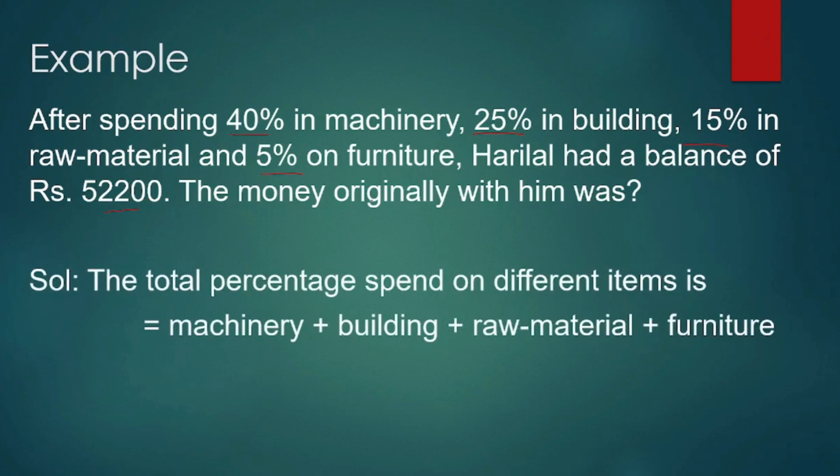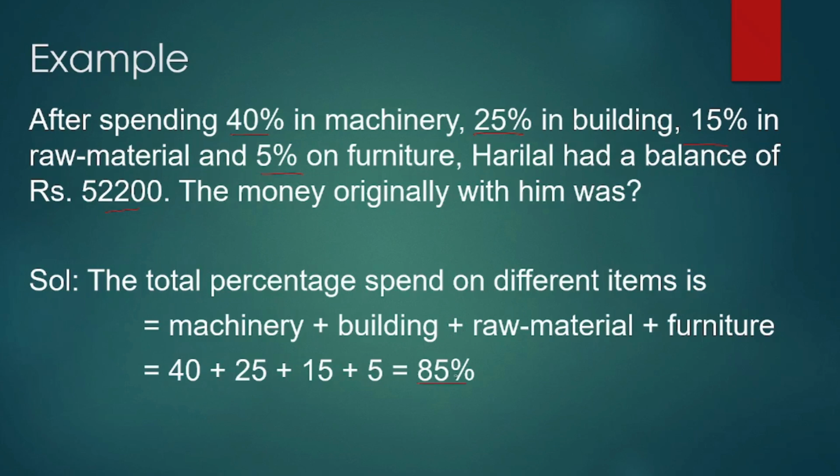So the total spending in percentage is calculated by machinery plus building plus raw material plus furniture. All these four transactions should be added in terms of percentage, that is 40% plus 25% plus 15% plus 5%. 40 plus 25, 65, 65 plus 5, 70, plus 10, 80, and plus 5, 85.